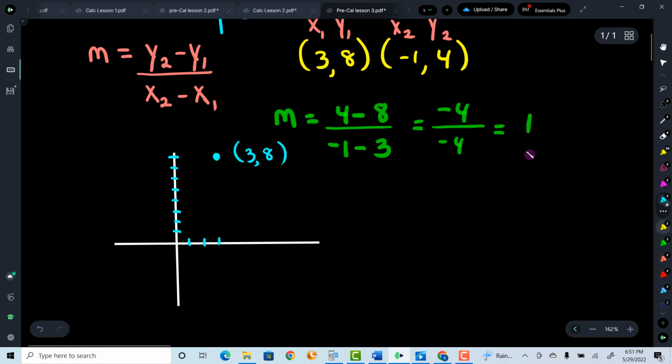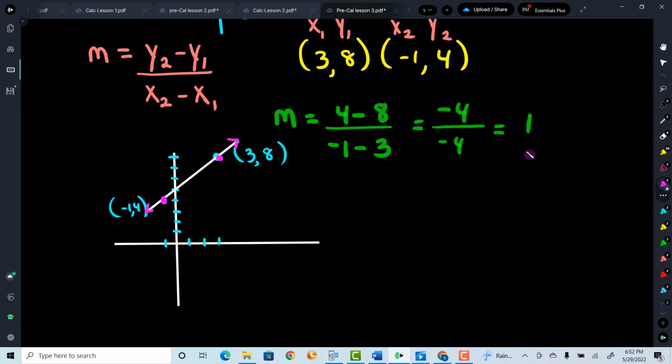And then the other point is (-1, 4), right here. So here's the line made by those 2 points. Now I could calculate the slope graphically.